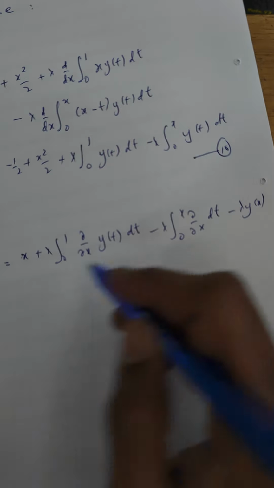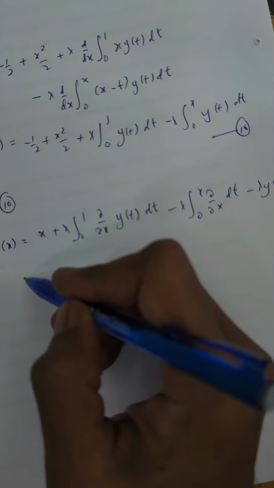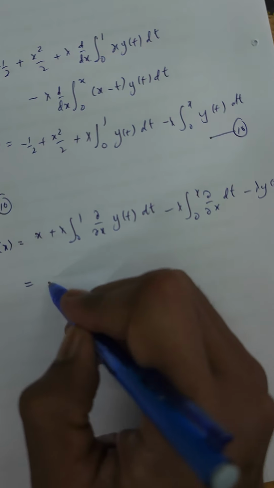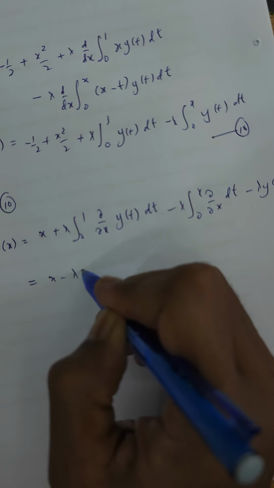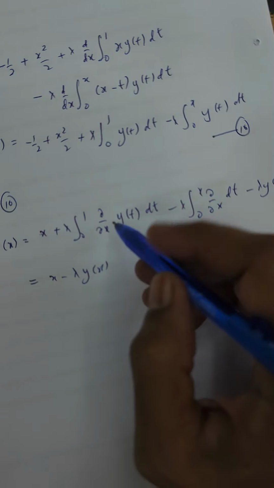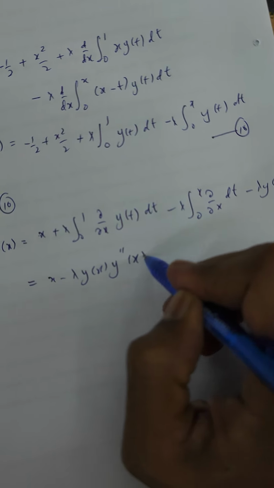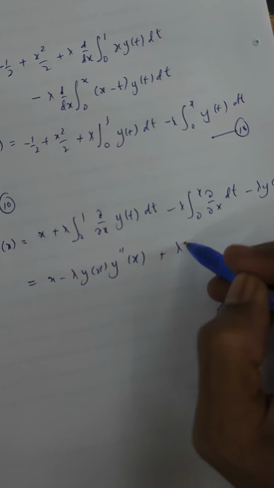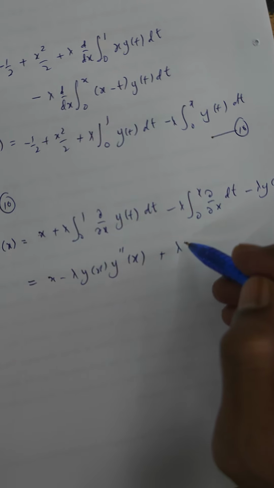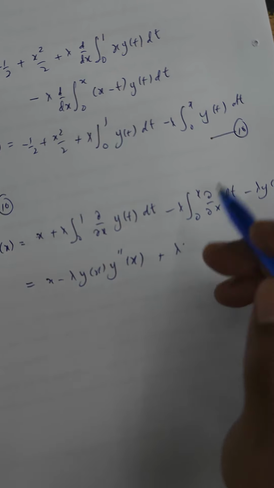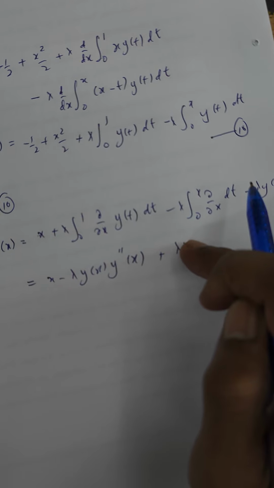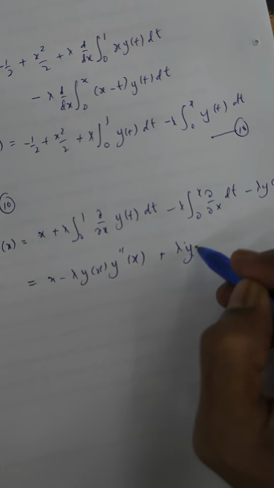Okay, rearrange this, or simplify that. This gives you x minus lambda y(x), y double prime x plus lambda y(x).